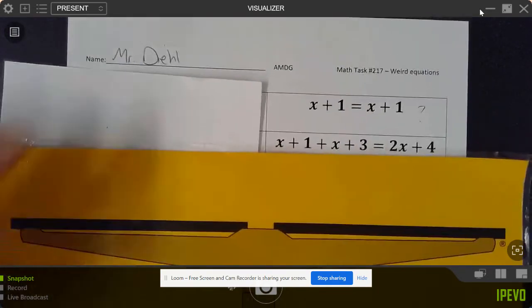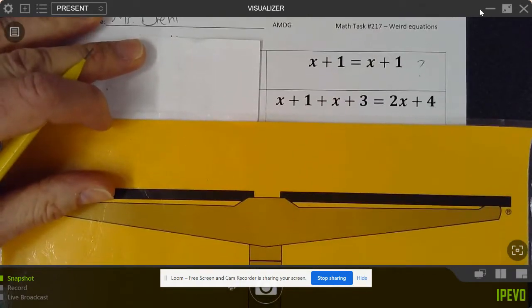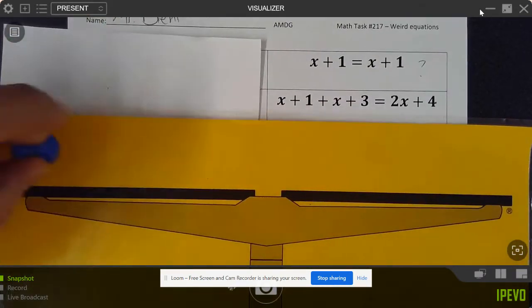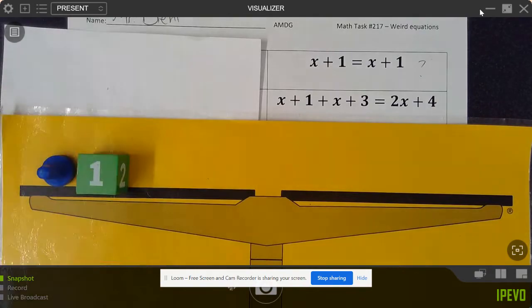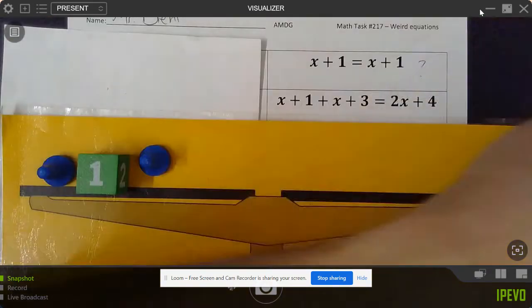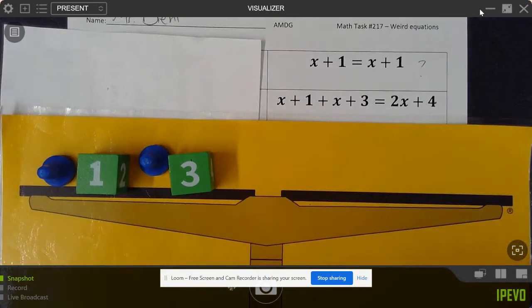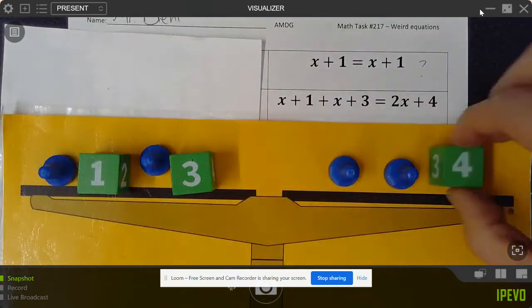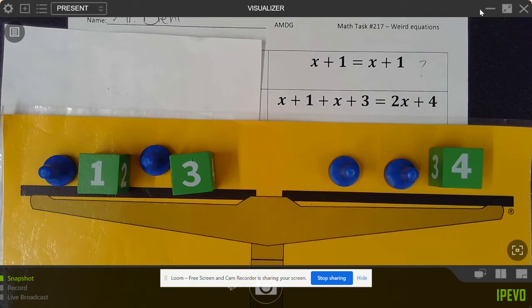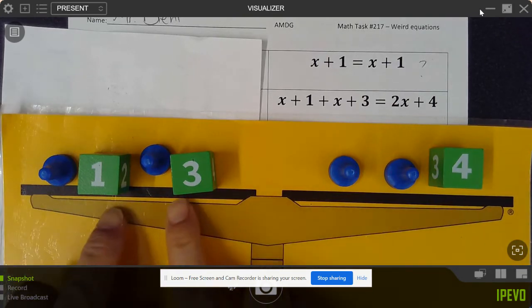Let's look at another example, see if you can start picking up a pattern here. This says x plus 1 plus x plus 3 equals 2x plus 4. Well, can anybody simplify this side? Could you rewrite this side?